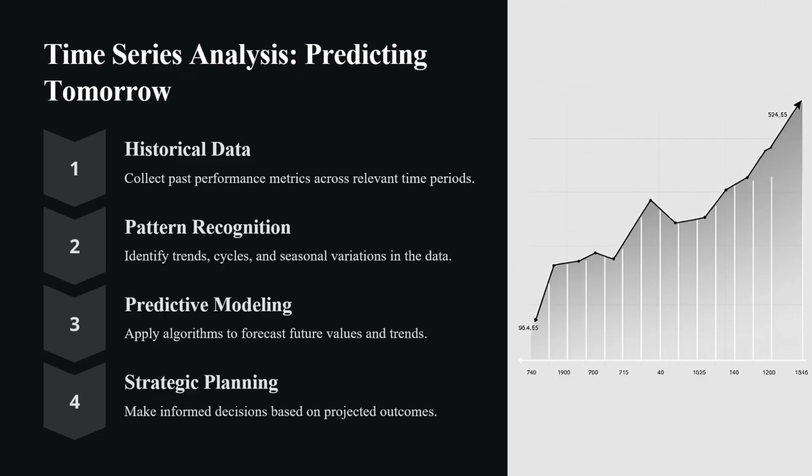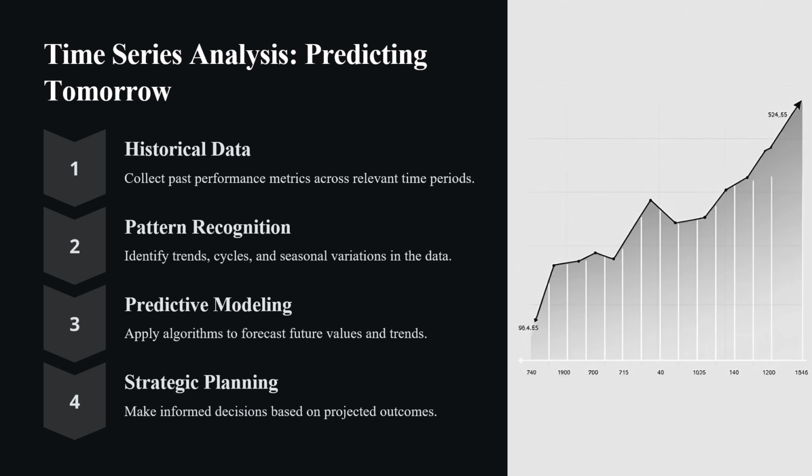And the next marketing analytical procedure is time series analysis, predicting tomorrow. We can forecast our revenues or our sales by using previous historical data. In this, the historical data collects past performance metrics across relevant time periods.